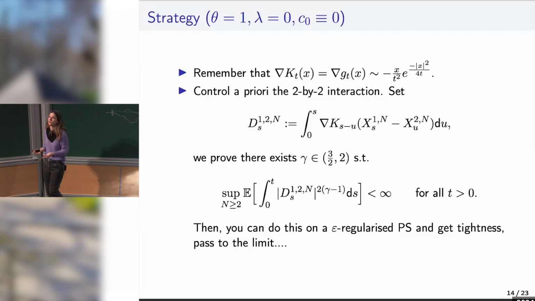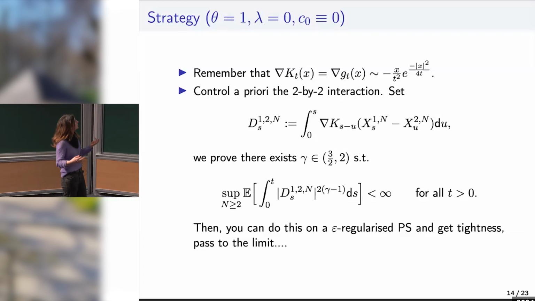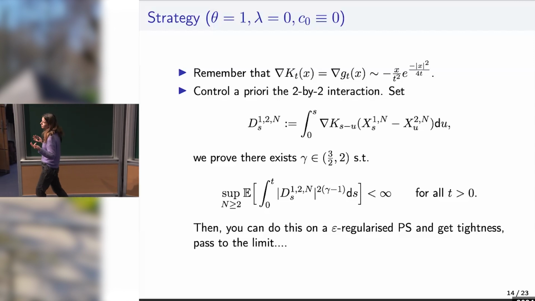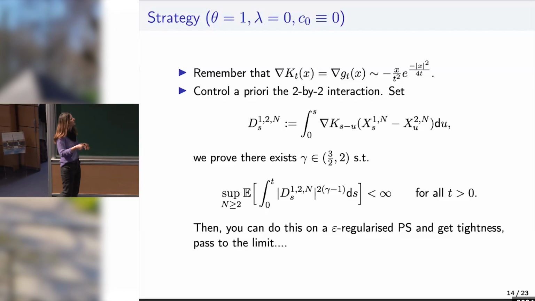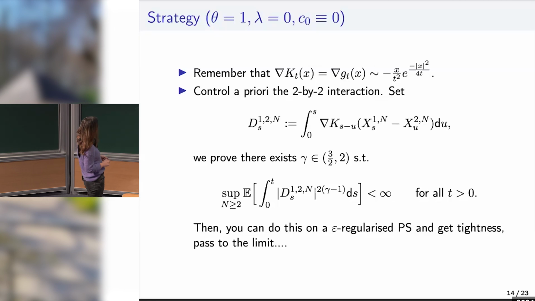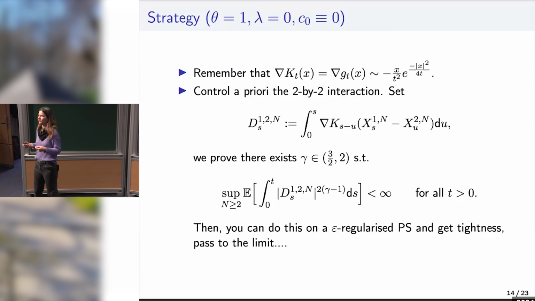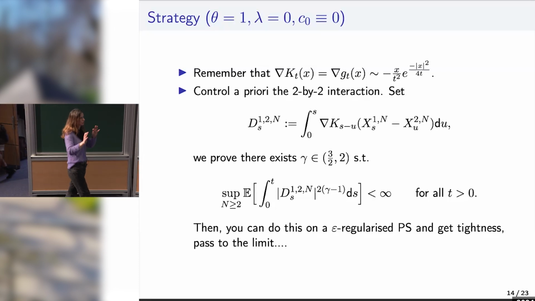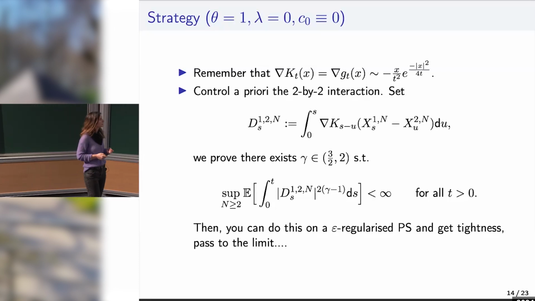You want to show that the 2x2 interactions are not that bad, so you want to prove some estimates of this form on your 2x2 interactions that are independent of n. If you know how to do that, then the rest is fairly standard. You could regularize the interactions and take limits, etc. But the main issue is always to control the 2x2 interaction.